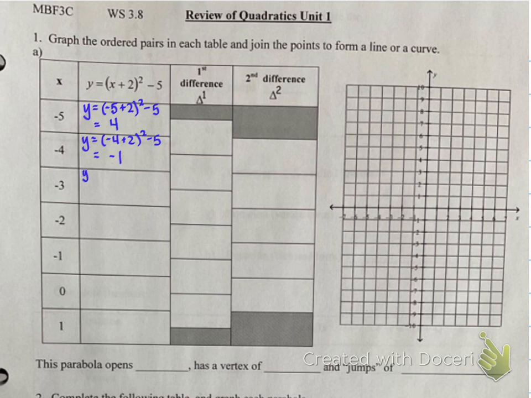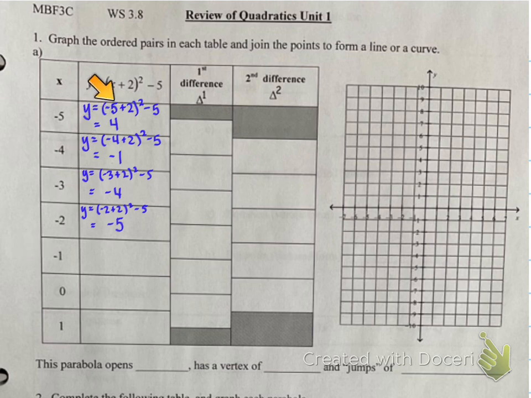And again, you type it in, y equals (-3 + 2) all squared minus 5, where -3 is what we're plugging in for x this time, equals -4. And we do it again for -2. Plug it in, y equals (-2 + 2) all squared minus 5, and you get the value of -5.